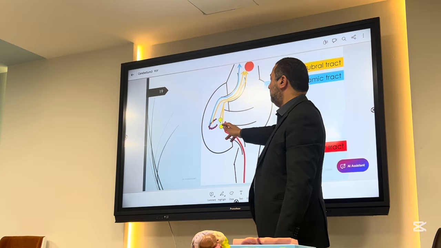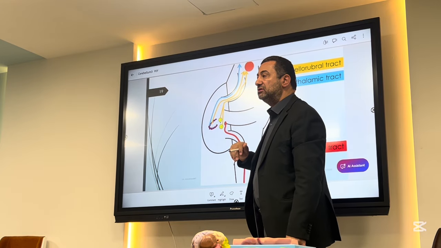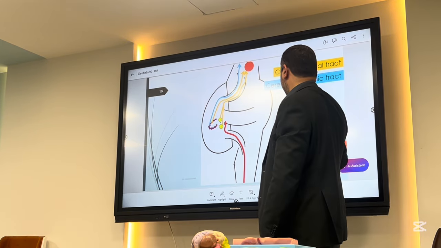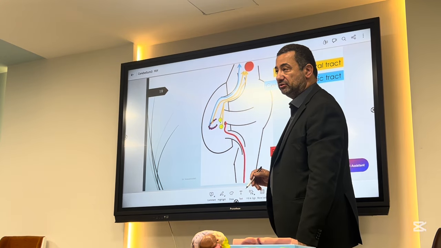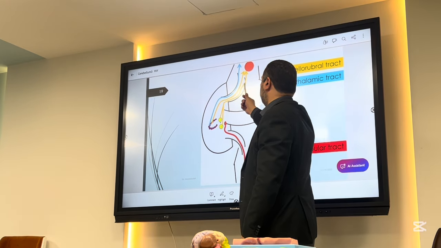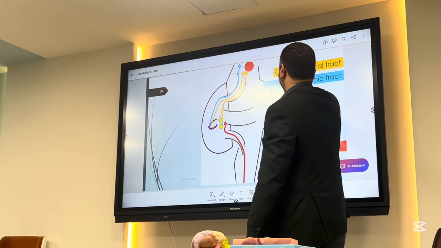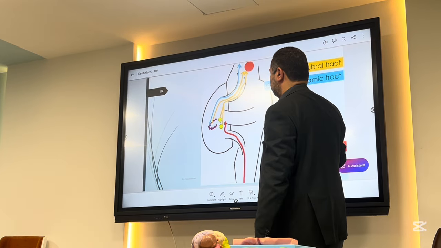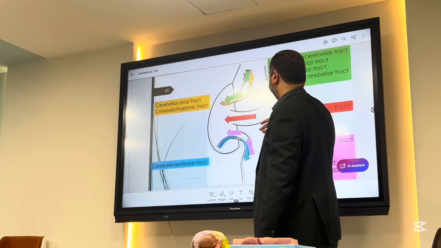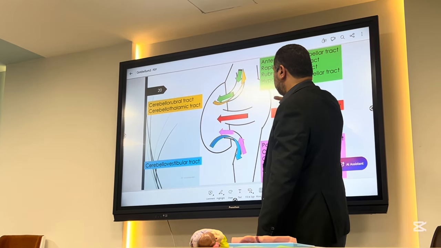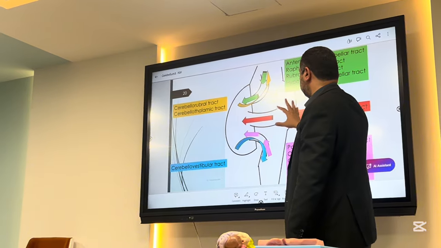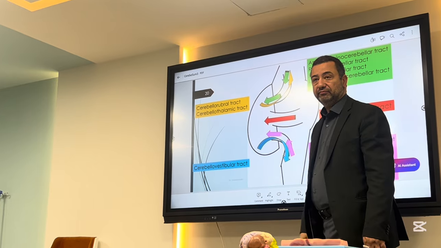And efferent fibers from fastigial nucleus are cerebello-vestibular tract or fastigio-vestibular tract. And from superior cerebellar peduncle, there are cerebello-rubral and cerebello-thalamic tracts from emboliform, globose and dentate nuclei. This is summary of all afferents and efferents of the cerebellum.